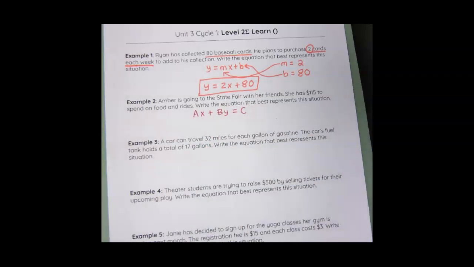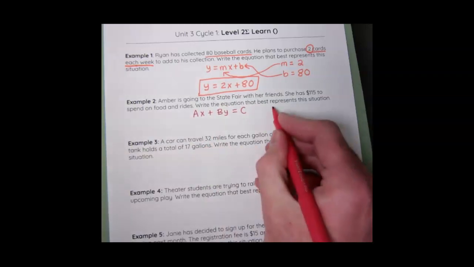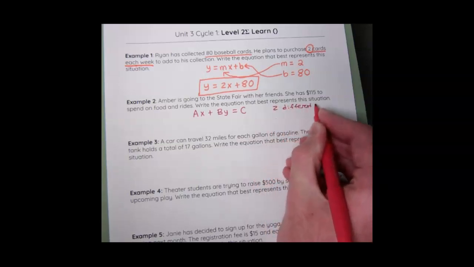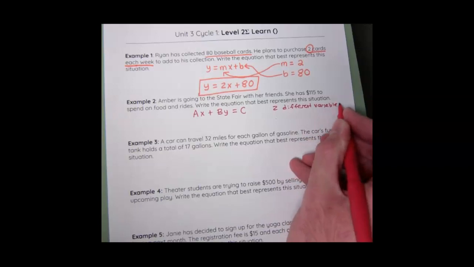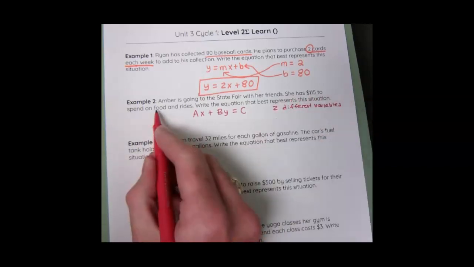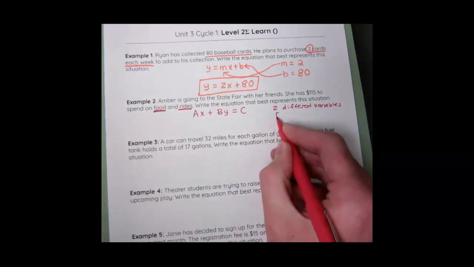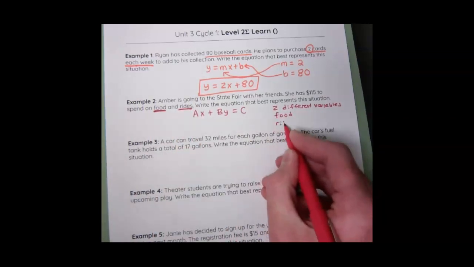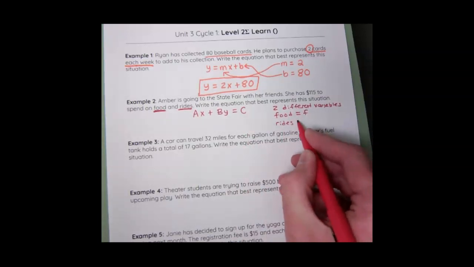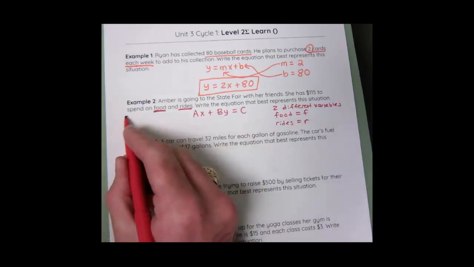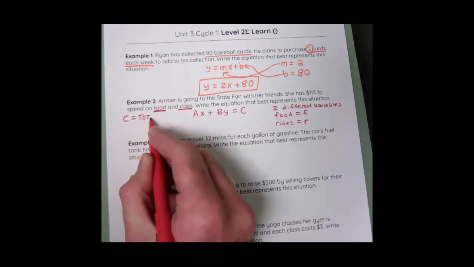So let's figure out what our 2 different variables are. We have 2 different variables. Well, she has $115 to spend on food and rides. So our 2 different variables are food and rides. Let's label those simply F and R. Now for C, your C is always the total amount that you have.